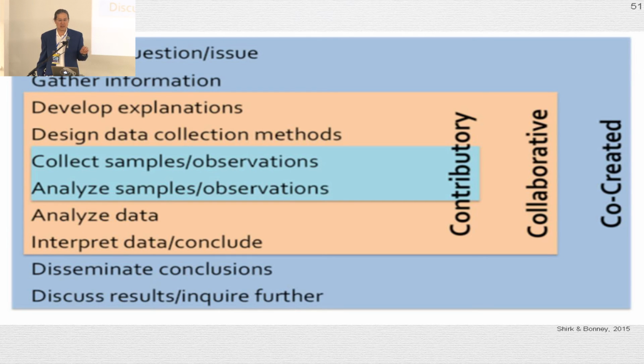And that it's interesting to think about how you would involve volunteers in more of these tasks. So a collaborative project where they're actually helping to develop explanations, designing the data collection, analyzing and interpreting the data, or even a co-created project where the volunteers are helping to define what the questions are.